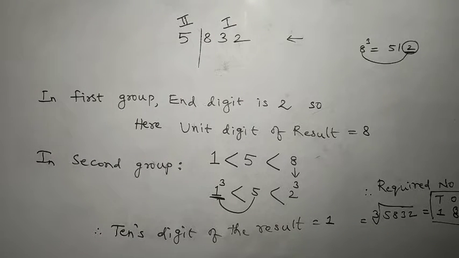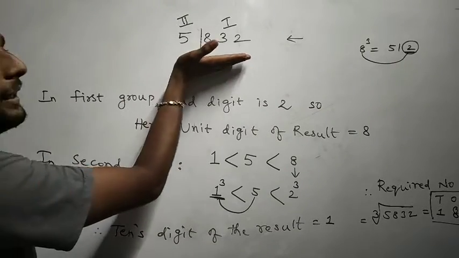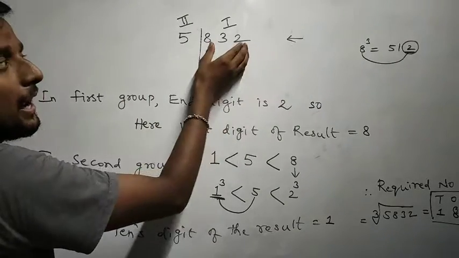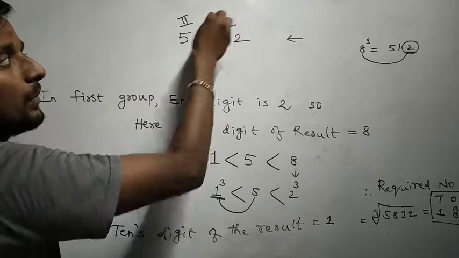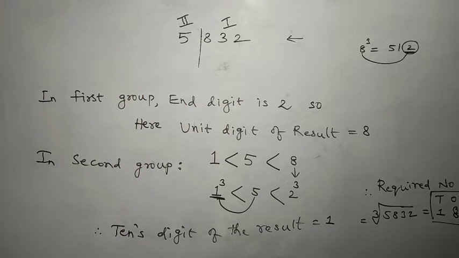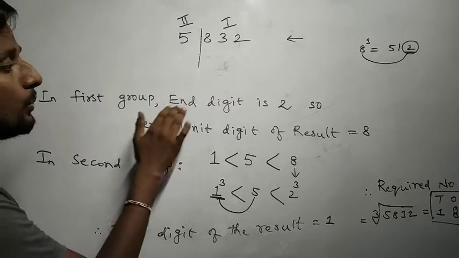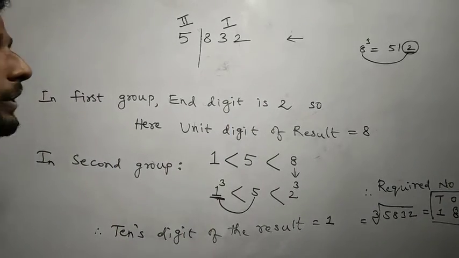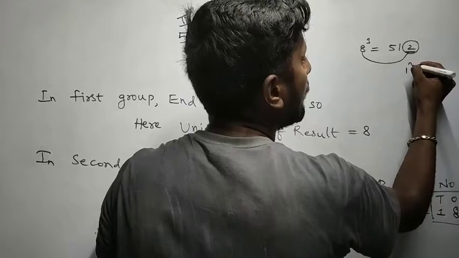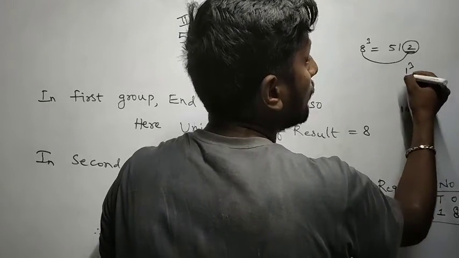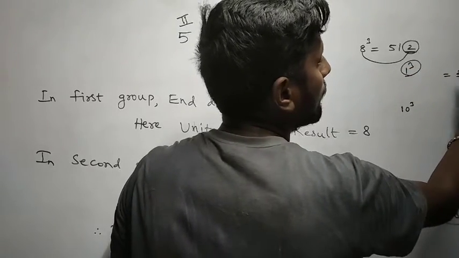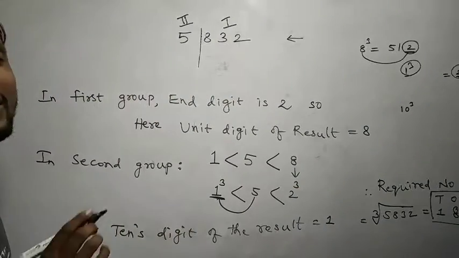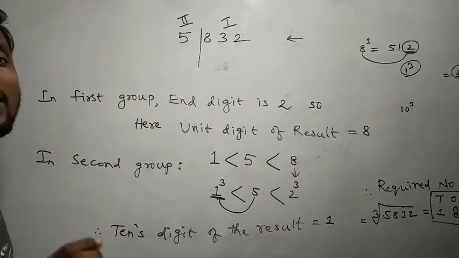We'll see once again. After getting digits from the right side, I have taken 3 digits as one group and the rest of the digits are the second group. In the first group, the end digit I have taken is 2. Just before, we have written numbers from 1 cube to 10 cube, correct? So which cube answer gives 2? You have to check. Only 8 cube gives the answer 512.